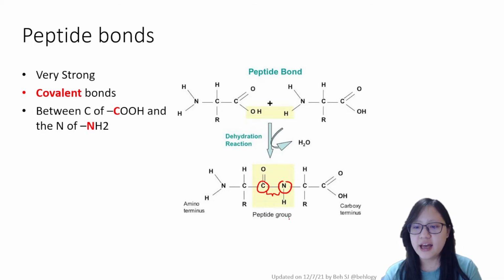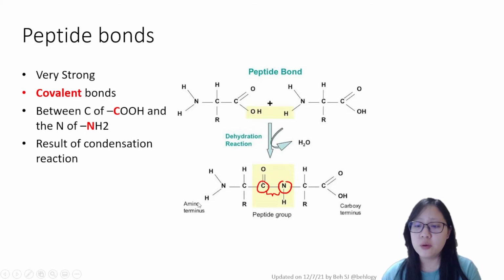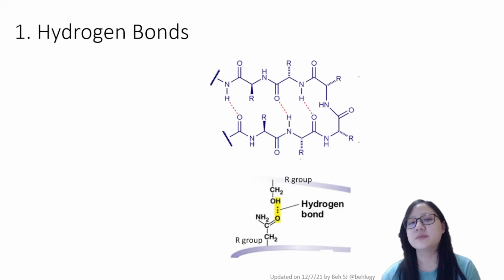And as you can see, it's labeled here more precisely. C double bond O and NH is a peptide group, between the C of COOH and the N of NH2. Now these are very strong bonds. They're covalent bonds, and they're not easily broken. And of course, they're a result of condensation reaction, present in all polypeptides.